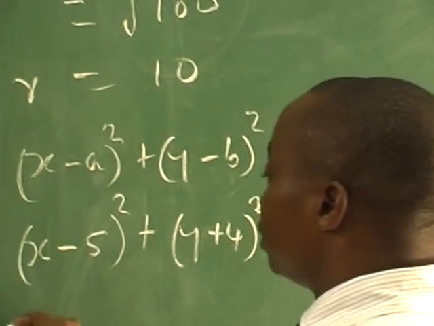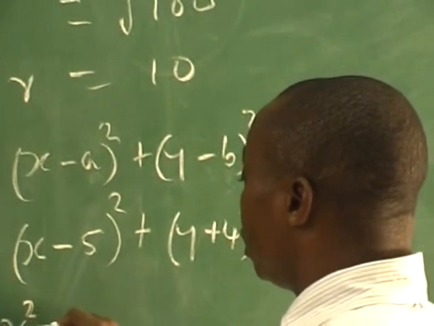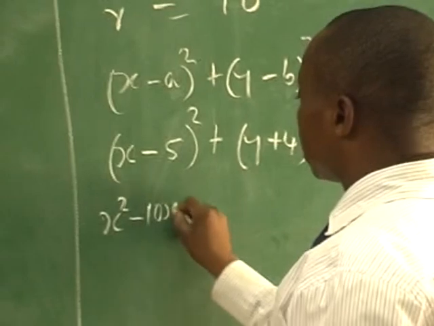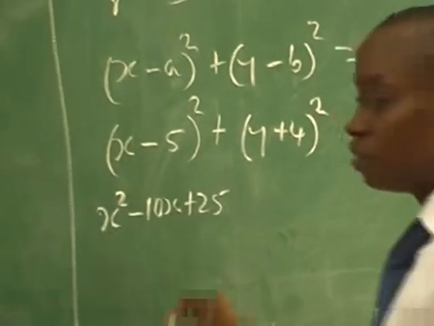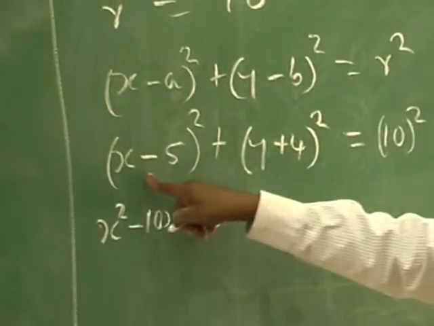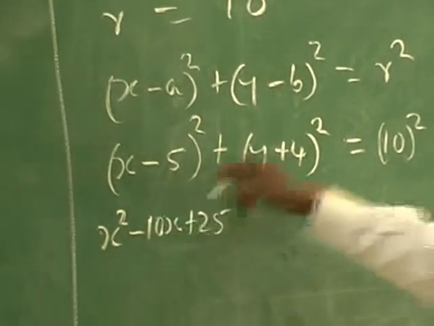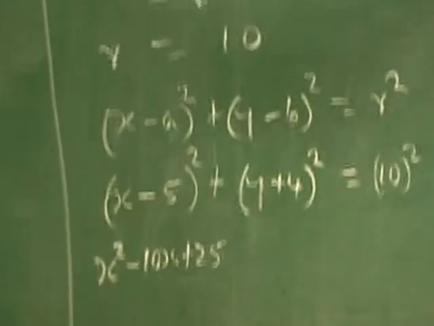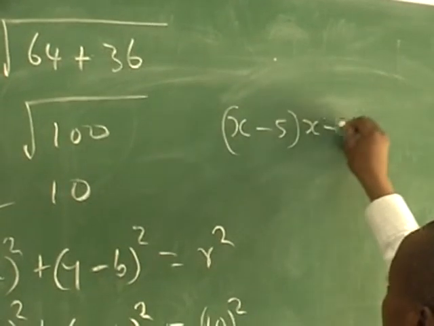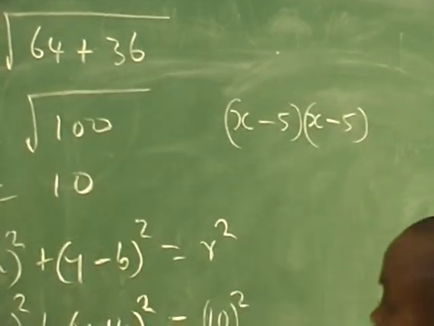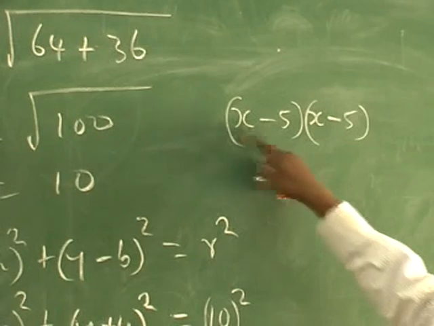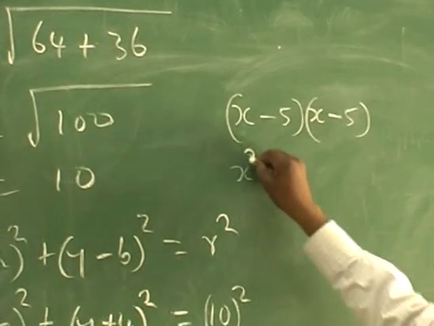Now, if we expand this, we will have x squared minus 10x plus 25. You see, the expansion of this by binomial expansion is very easy. What it means is x minus 5, x minus 5. You know, x squared means like this. So x times x will give you x squared.